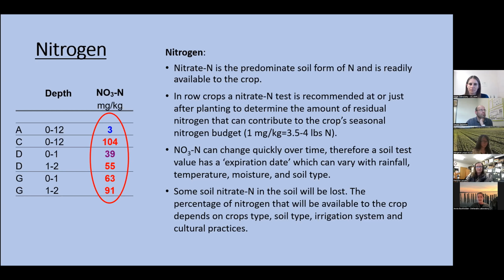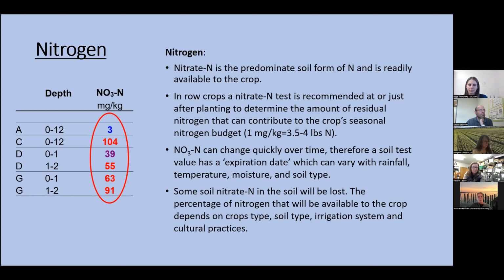So you'd really want to take it very close to planting. You wouldn't take this in the fall. And that nitrogen present in the soil can contribute to your crop's overall nitrogen budget for the season. The rule of thumb is 1 milligram per kilogram equals about 3.5 to 4 pounds of nitrogen.